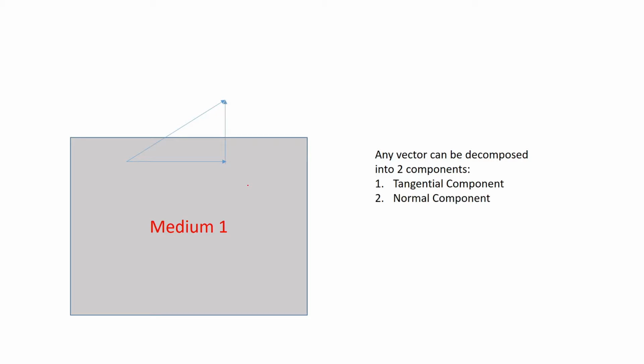If you are in a medium and there is an electric field directed inside a medium, you can decompose this electric field into two components. One along the surface and the other along the normal of the surface. This vector which is along the surface is called the tangential component, and this vector which is along the normal is called the normal component.